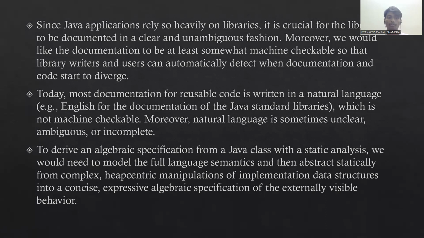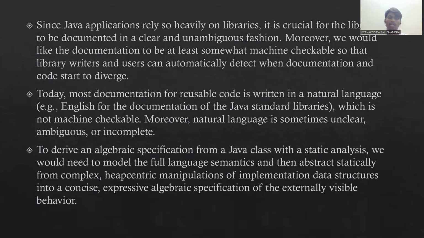Today, most documentation for reusable code is written in a natural language, for example English for the documentation of the Java standard libraries, which is not machine checkable. Moreover, natural language is sometimes unclear, ambiguous, or incomplete.